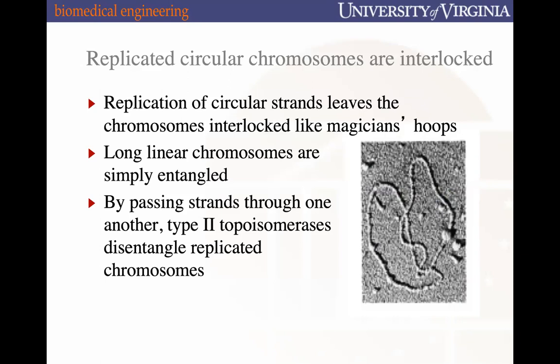So something needs to help separate them apart, and that's what type 2 topoisomerase is doing. It's breaking one strand of the DNA, letting another one pass through, and then fixing that cut so that now you have DNA that's been replicated. And so it helps with the circular chromosome that prokaryotic DNA have. It helps to mediate that separation of copied DNA.